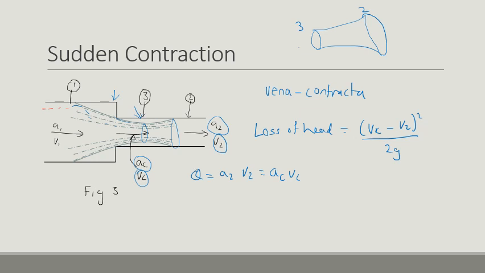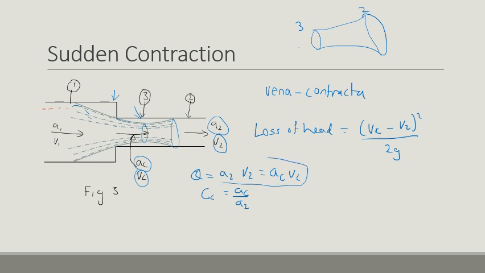If we assume that there is a coefficient of contraction, which we call Cc, then the coefficient of contraction is equal to AC over A2.